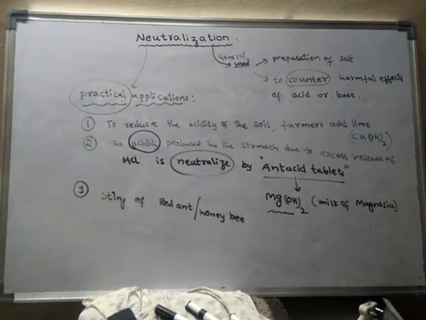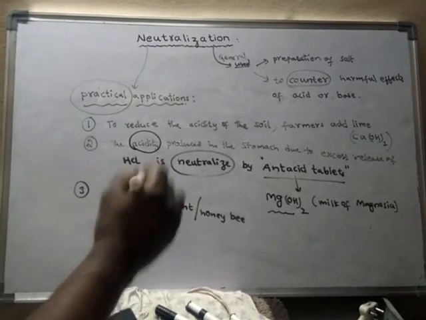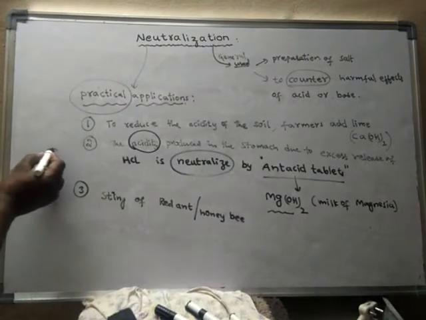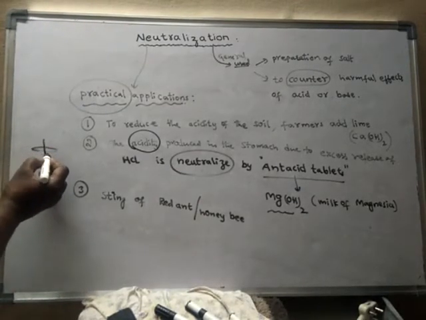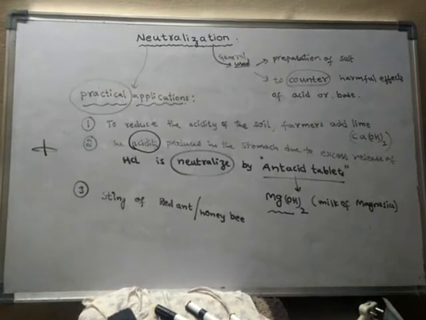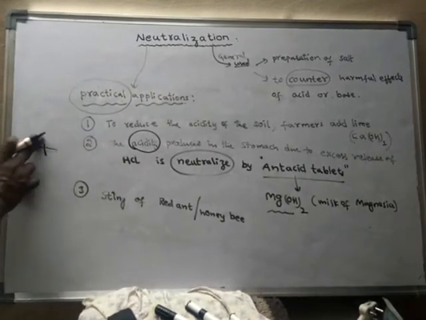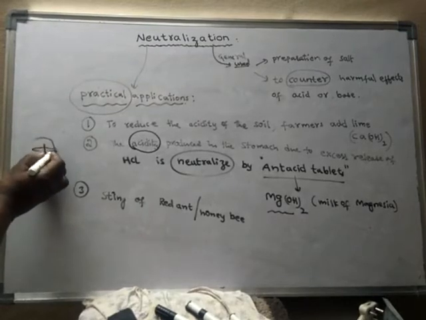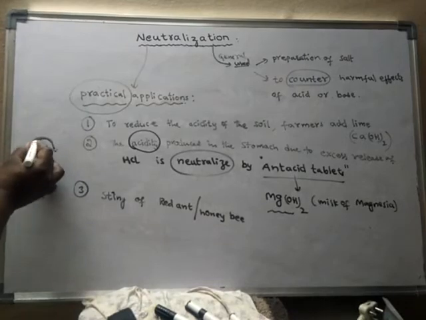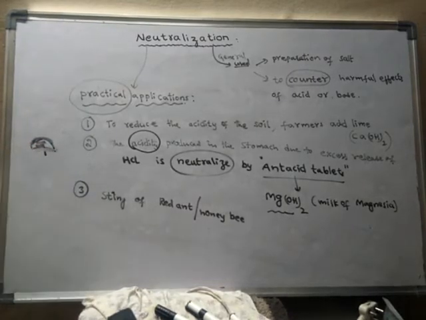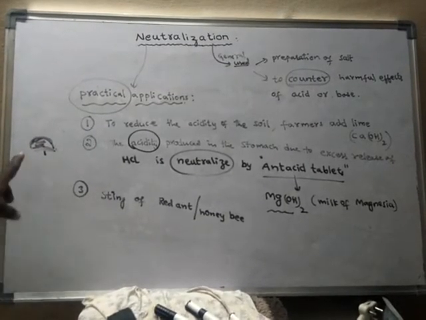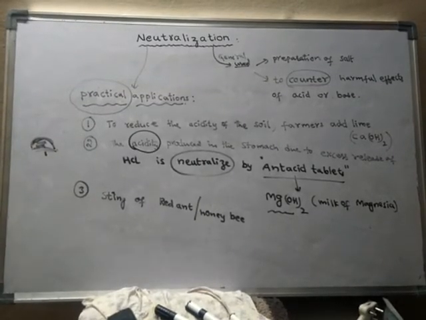Wherever the sting of the honeybee or red ant happens, some acid is injected into our body. Therefore, that portion will swell and turn red. You will find a red swelling, and it will be very painful.